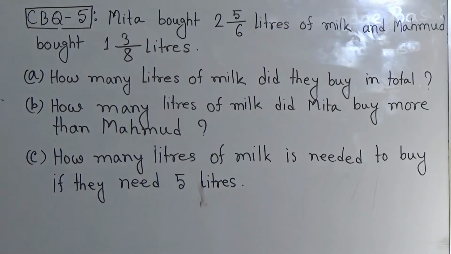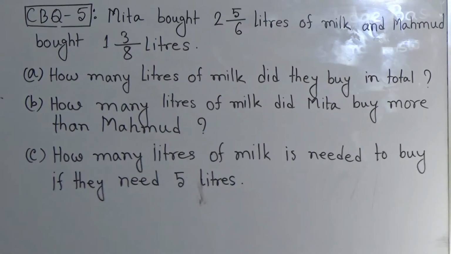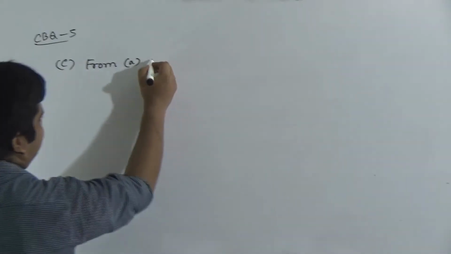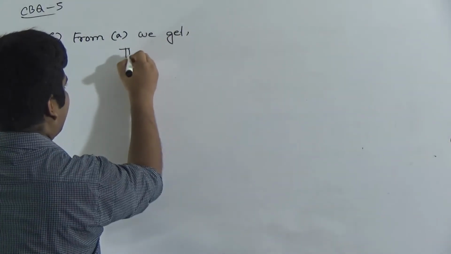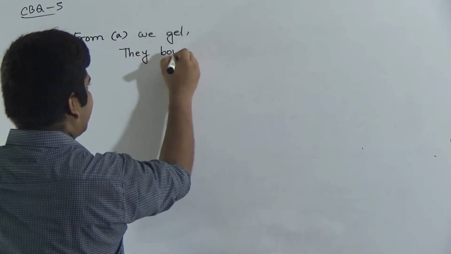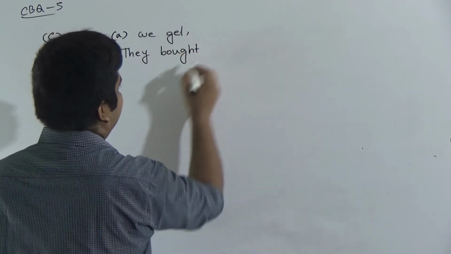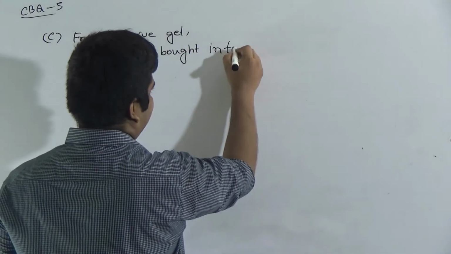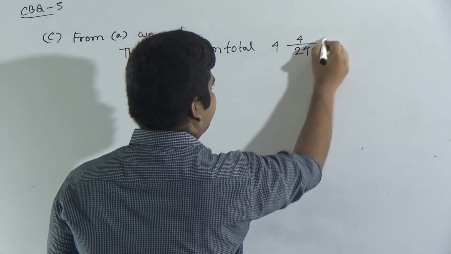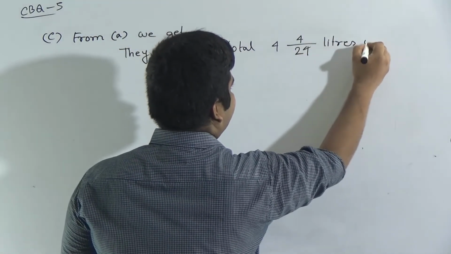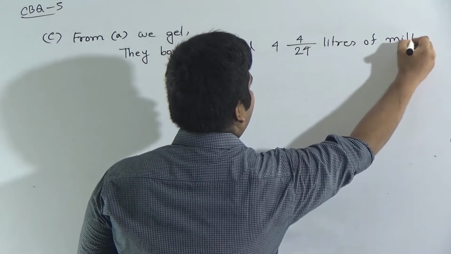So at first we write, from A we get, they bought in total 4 into 5 by 24 liters of milk.